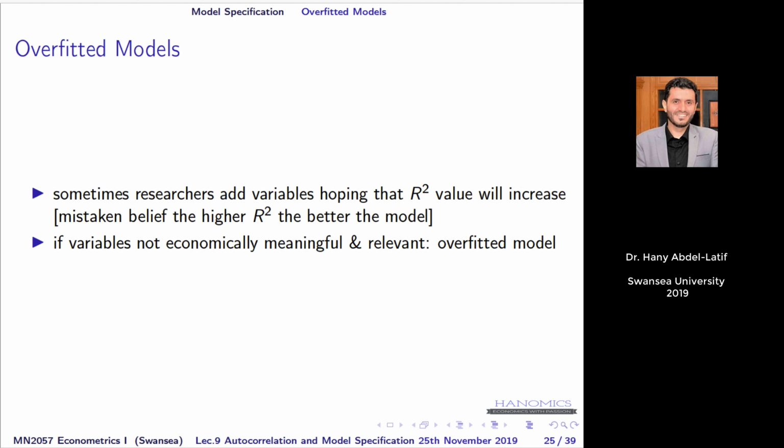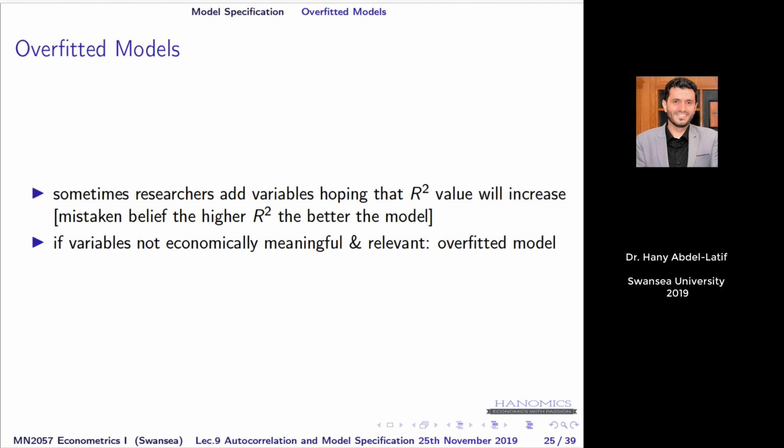An omitted variable is an important variable that affects your dependent variable Y, but for one reason or another you dropped it from your regression, and its effect will be captured by your errors. It's a very popular case, called omitted variable bias.